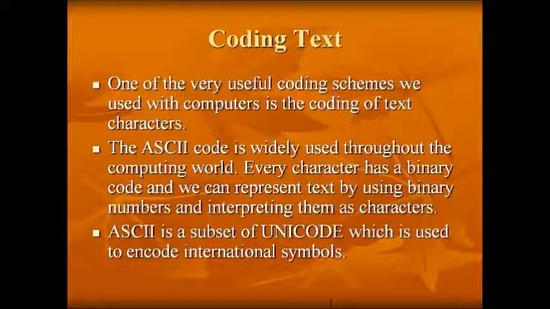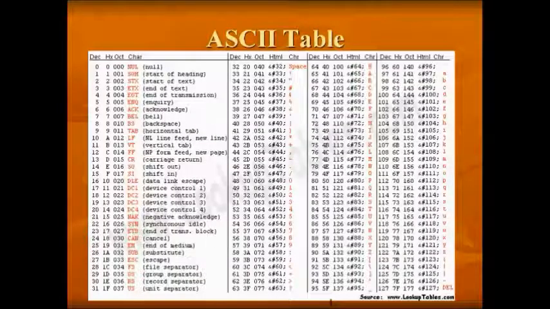ASCII is a subset of Unicode, which is used to encode international symbols. So, as I mentioned a while ago, for example, on our keys we have the 1, 2, 3, 4, 5, 6, 7, 8, 9, or the 0. We also have the A, B, C, D, E, F. We also have the symbols of period, comma, and question mark.